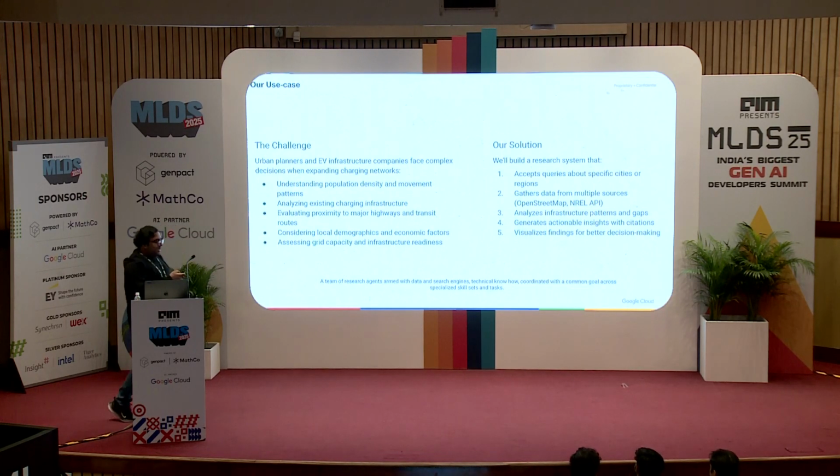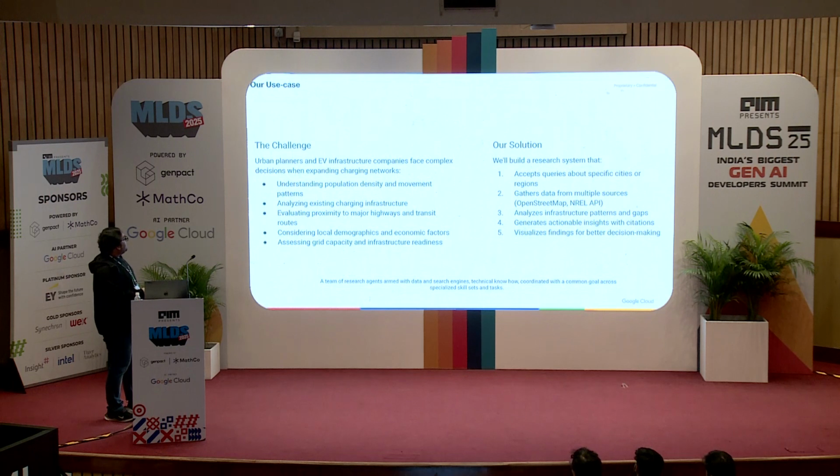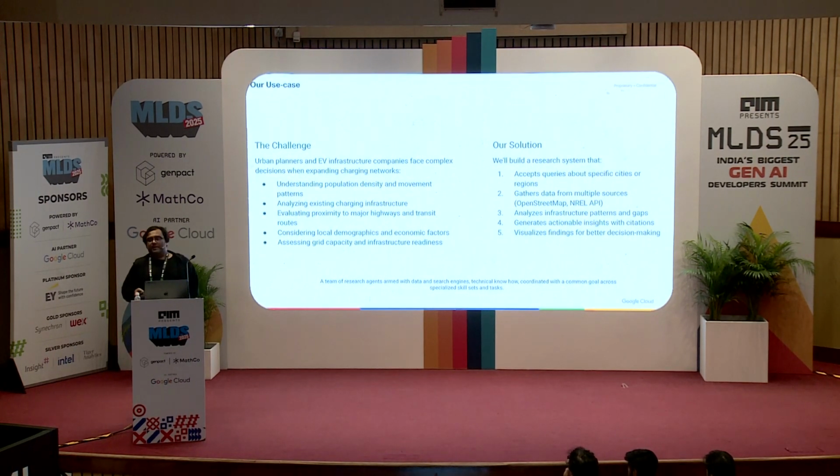The specific domain we are picking is EV infrastructure. Let's assume you're an analyst who knows about EV infrastructure specific to the US, and you want to go through a specific city, get all the data for that city, and create a report which gives insights about whether you should invest in or create anything in that city for EV infrastructure.